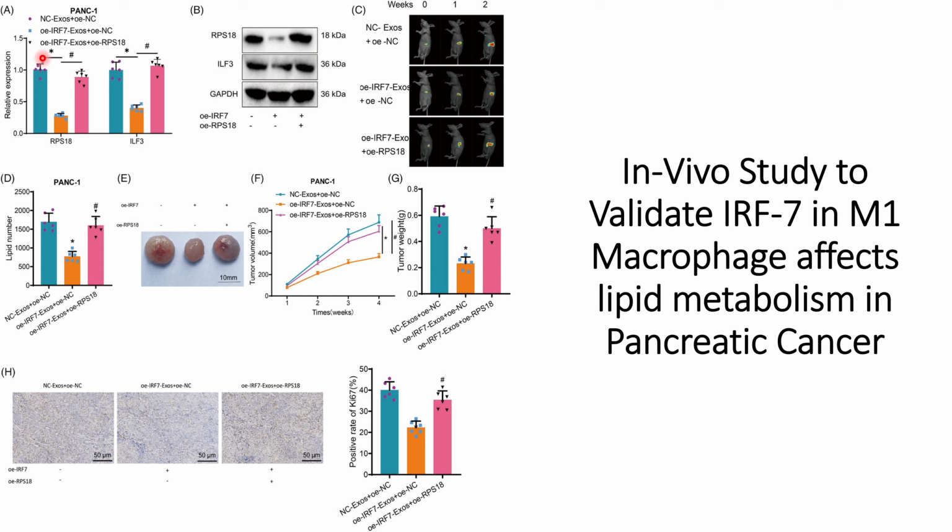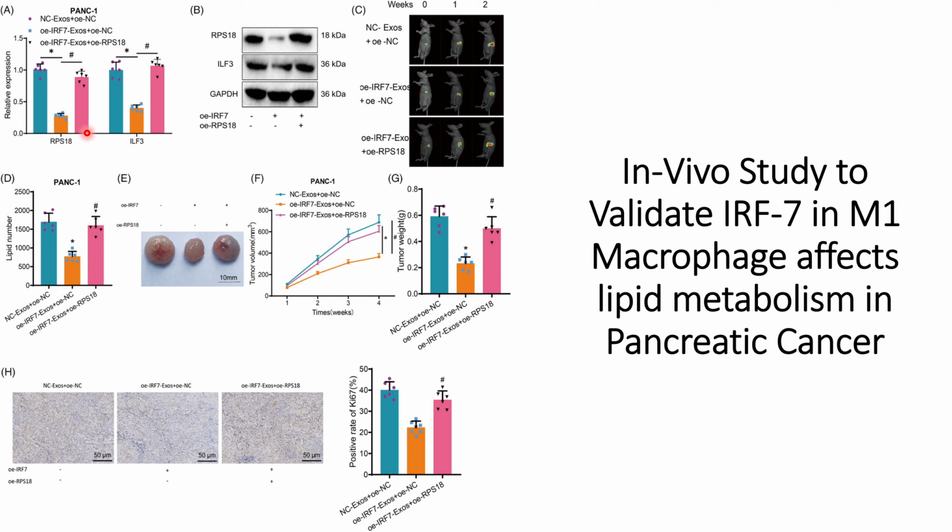In the third case, they use exosomes where IRF7 is overexpressed, however they also overexpress RPS18. So once RPS18 is overexpressed, the function of IRF7 will be negated or compensated. It will then translocate to the pancreatic cancer cells and upregulate or promote ILF3.